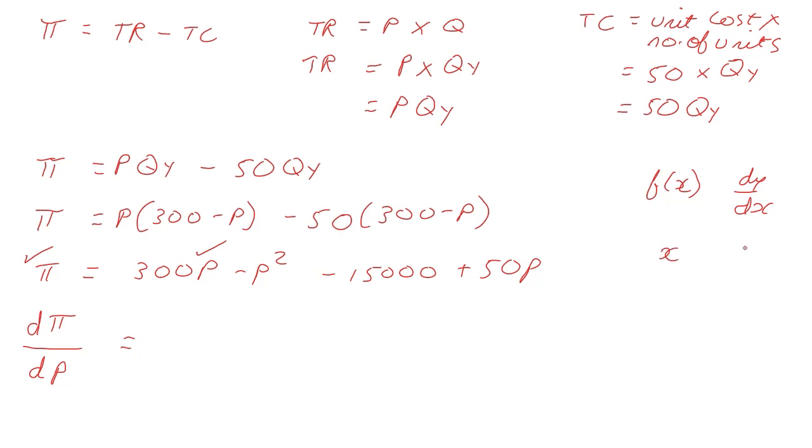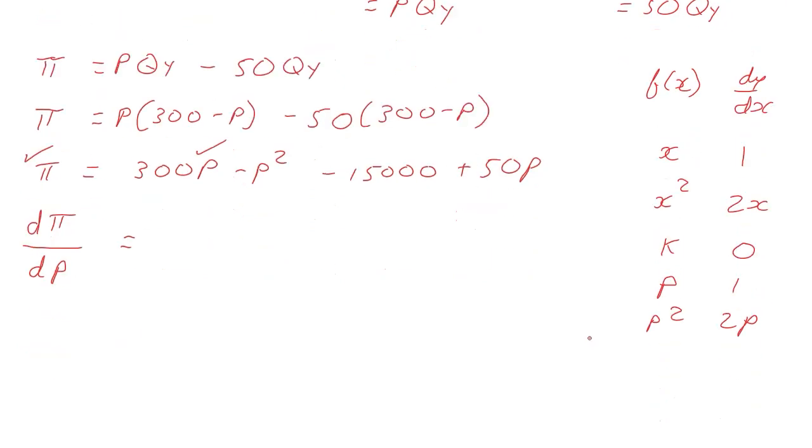If it is simply x, it is 1. If it is x square, it becomes 2x. If it is a constant, it is 0. In our case, I don't have x, I have p. So p will become 1, p square will become 2p, and any number, for example 15,000, is going to become 0. So this 300p becomes 300, this p square will become 2p, this will become 0, and similarly p over here gives 50. Frankly, I could have added these two first before getting into differentiation, but we can just proceed anyway.